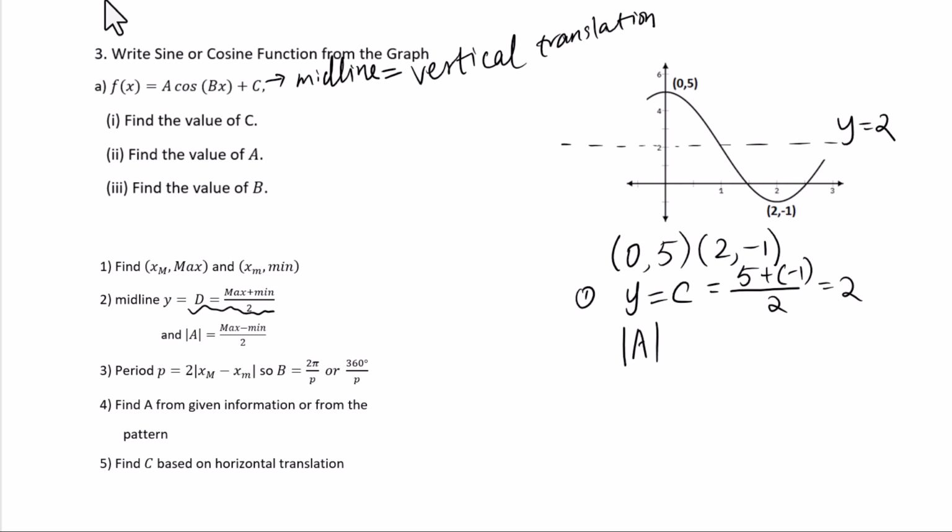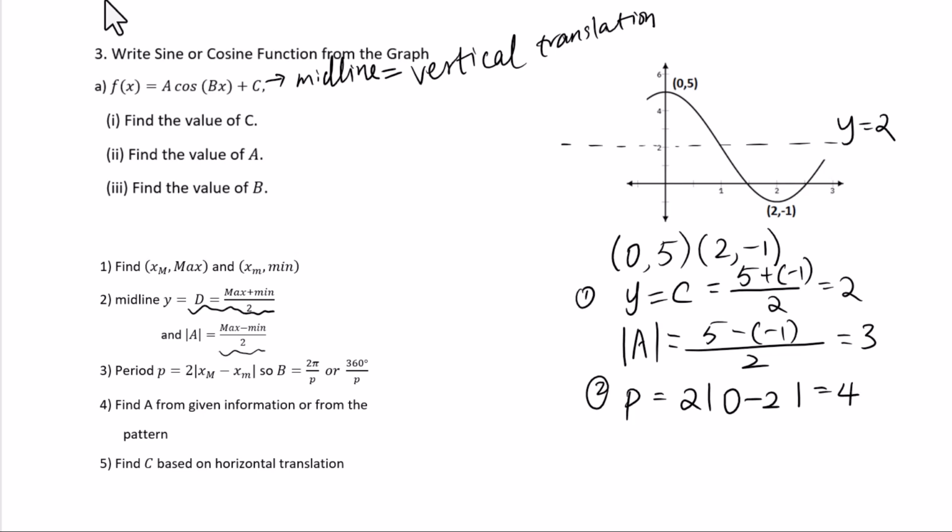We can also figure out the amplitude, half of the vertical distance between maximum and minimum points. (5 minus -1) over 2 equals 3. The period is double the horizontal distance between the maximum and minimum point. 0 minus 2, so the period equals 4.